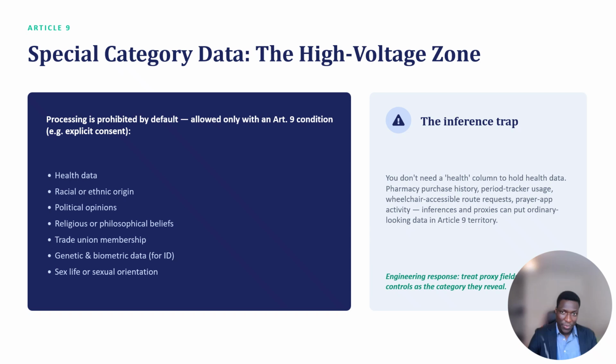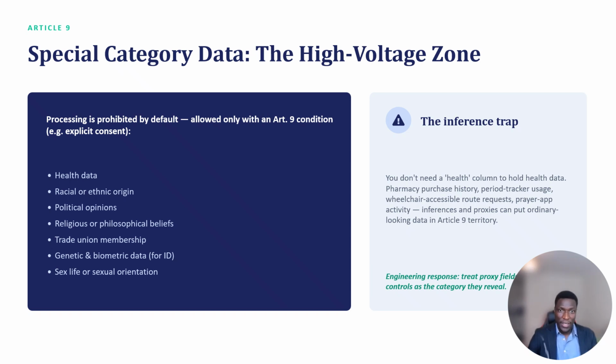Doesn't mean you can't process them. It just means that you need a special condition on top of your Article 6 basis. Remember we talked about lawful basis. Now you need an additional condition on top of that, which is most commonly explicit consent. It means a user needs to explicitly consent to allow you to process this type of data before you can process it.